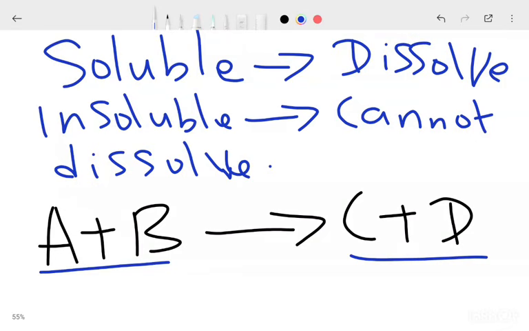Now, what you should understand is that, of these two products you are seeing here, in most reactions one of them will be a volatile substance. Volatile means something that can easily escape, in the gaseous form, to the air or to the atmosphere. It will just escape.